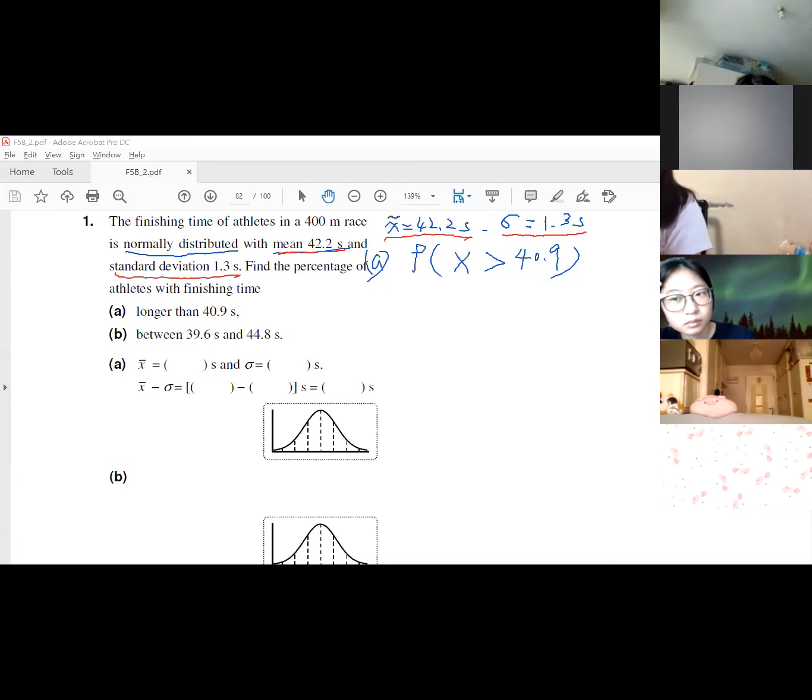Then I write down what I am going to find: the percentage of athletes with finishing time longer than 40.9 seconds. This P means the percentage. Longer than 40.9 is larger than 40.9.